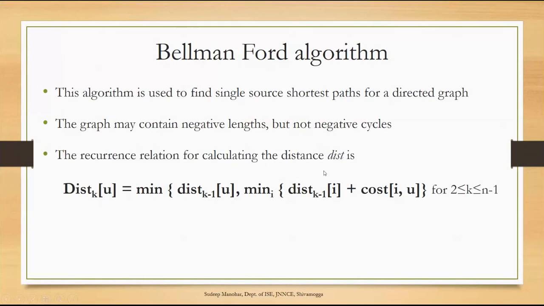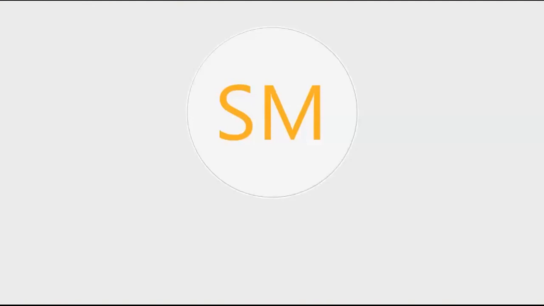Comma. Which vertices are we considering as the remaining vertices? We are considering only those vertices from which there is an edge incident on u, an edge to u.